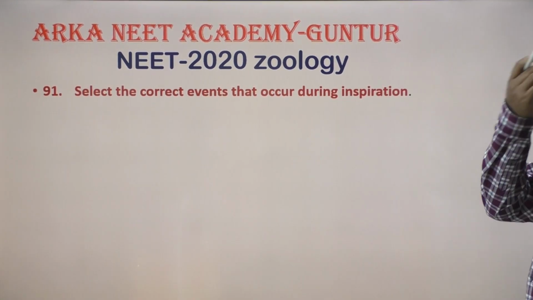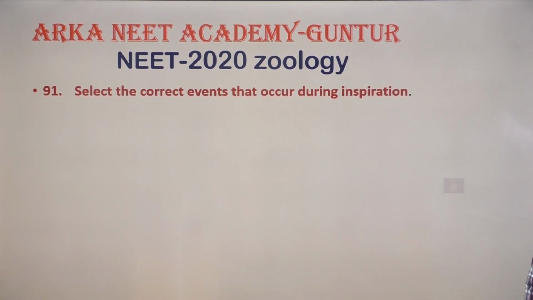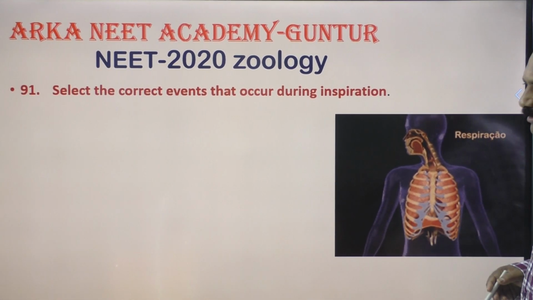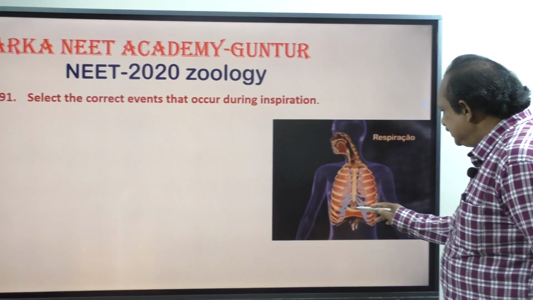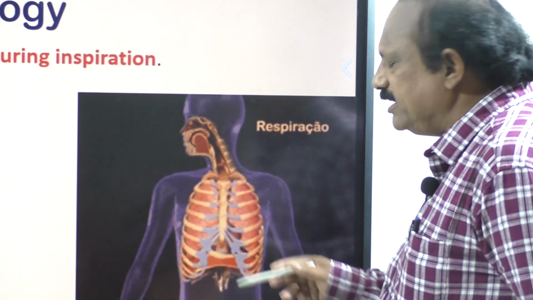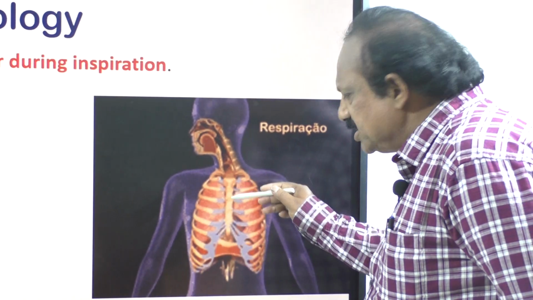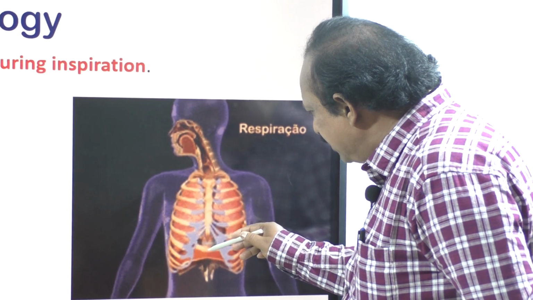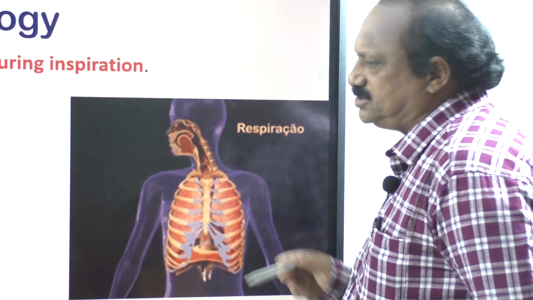Next, select the correct events that occur during inspiration. Now students, look at this video. This is the diaphragm, and this is the rib cage and the sternum. During inspiration, what is happening here? The diaphragm contracts so that it moves down and becomes flat.